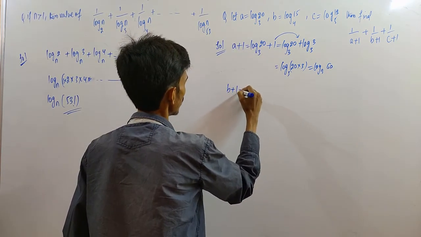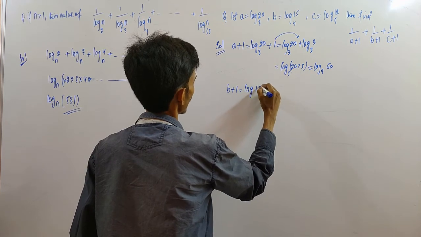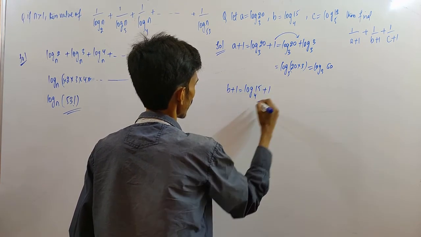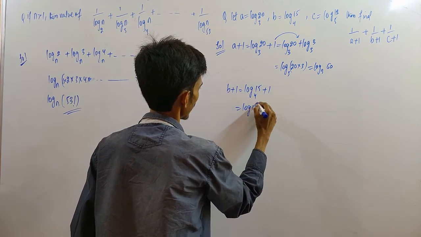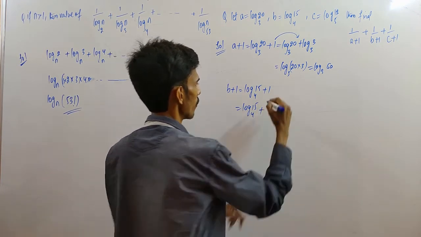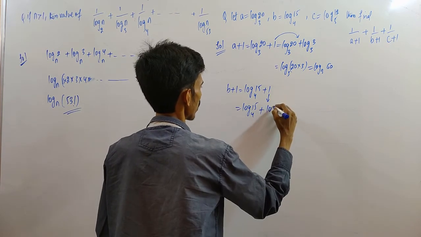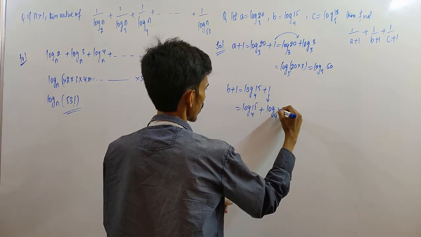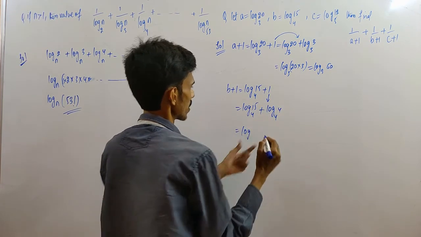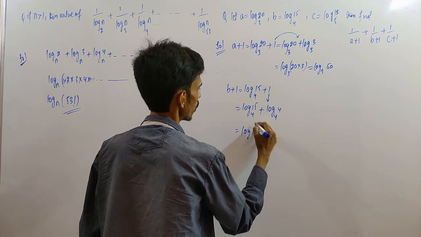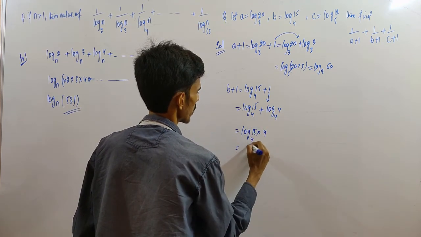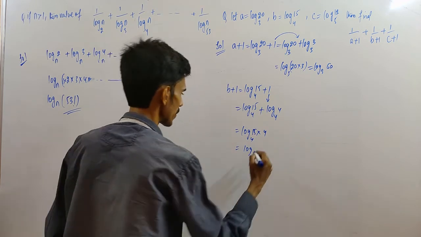Similarly, the b plus 1 value is log 15 base 4, plus 1. Now the value of 1 can be written in terms of log, because here we have log: write log 4 base 4. So sum becomes product, 15 into 4, log 15 into 4 base 4, and 15 fours are 60.